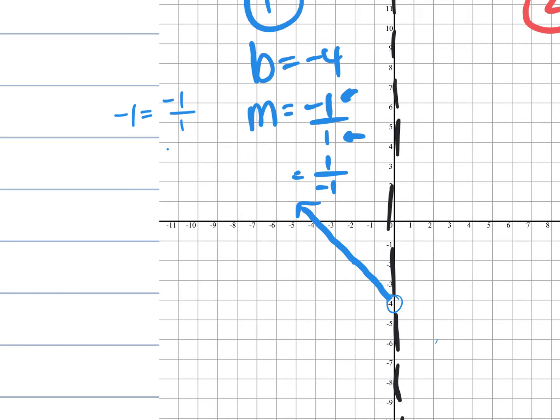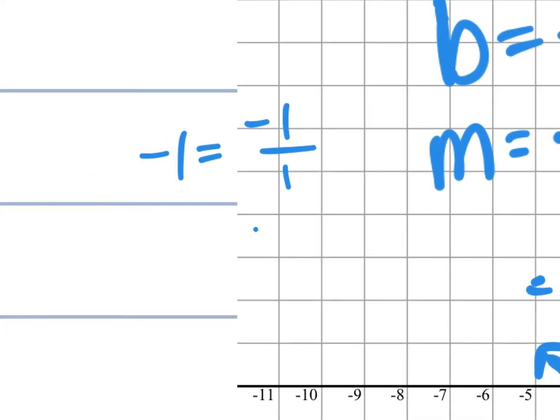And do you agree that that's also the same as 1 divided by negative 1? Okay. That's all I wanted to show you. Now, remember, Alec, for slope, it's rise over run, right? So I'm just showing you moving down 1 to the right 1 is the same as moving up 1 and then to the left 1. Okay?